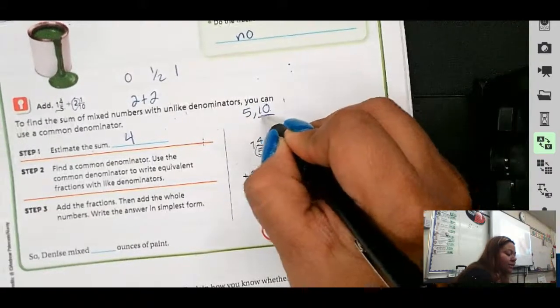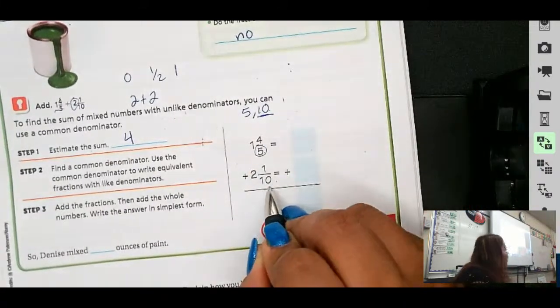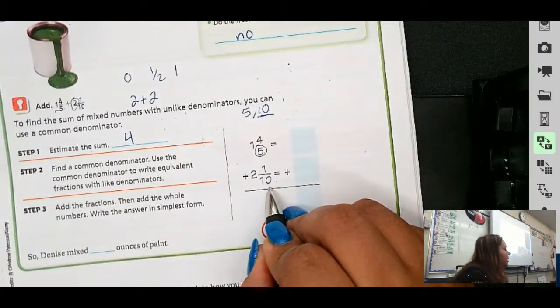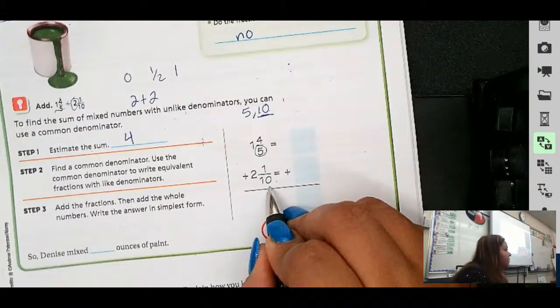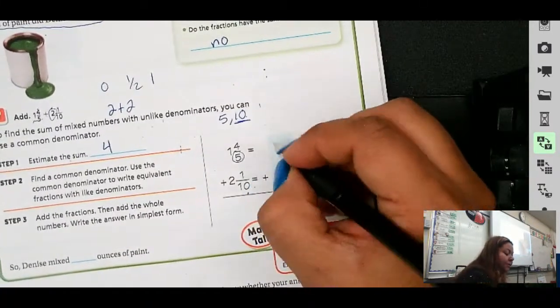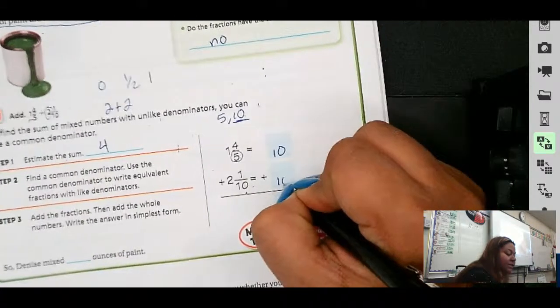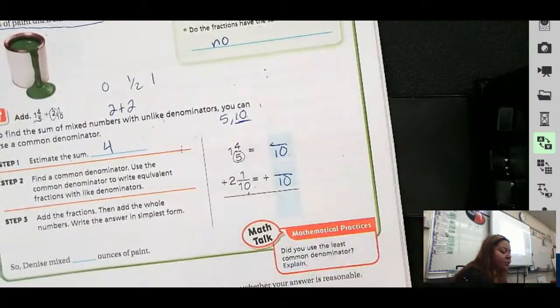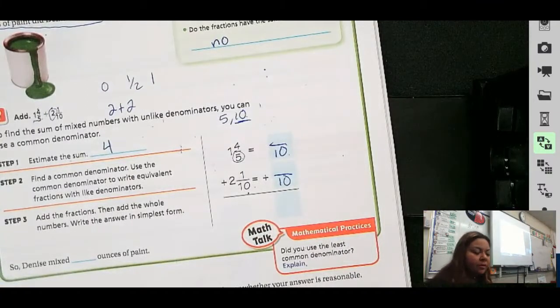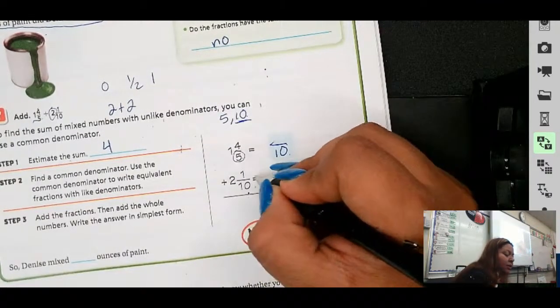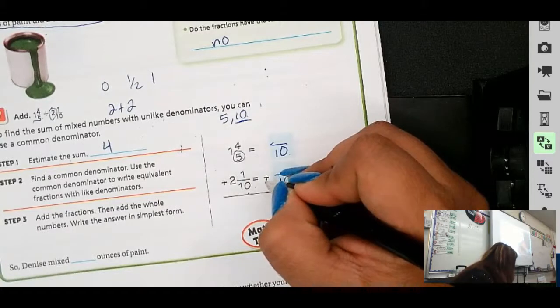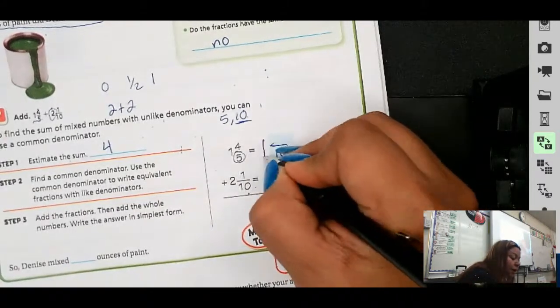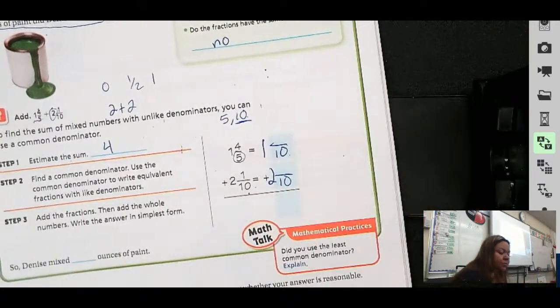Oh, and I recognize that 10 is the same multiple as my other fraction, right? So what's my common denominator? 10. So I'm going to go ahead and write 10 on the side. And then I'm going to also include my whole numbers, 1 and 2.